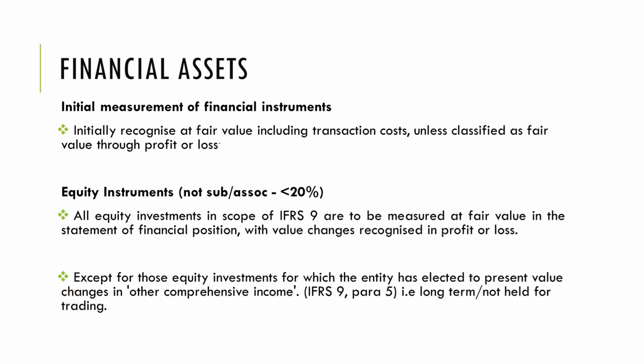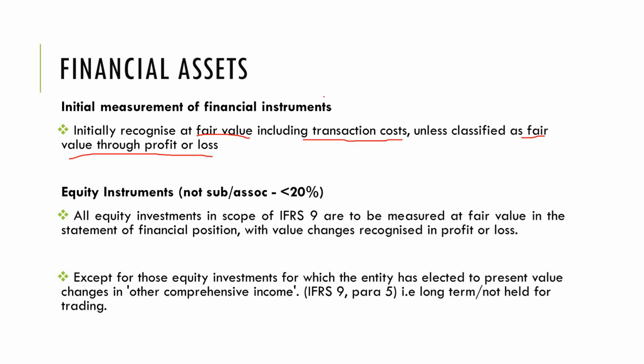Basically, we have to record at fair value by including the transaction cost, meaning that we are allowed to capitalize the transaction cost if we buy the investment for the purpose of long-term investment. However, if we buy the investment for the purpose of trading, then it should be calculated as fair value through profit or loss. We will look into the difference between these two later on.